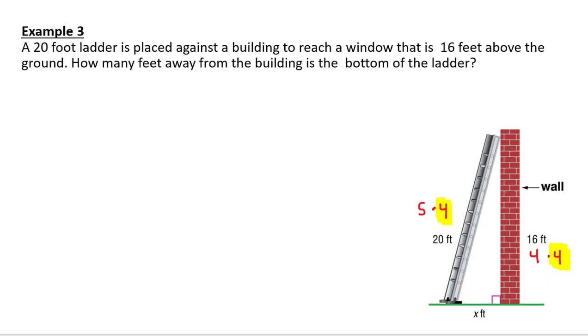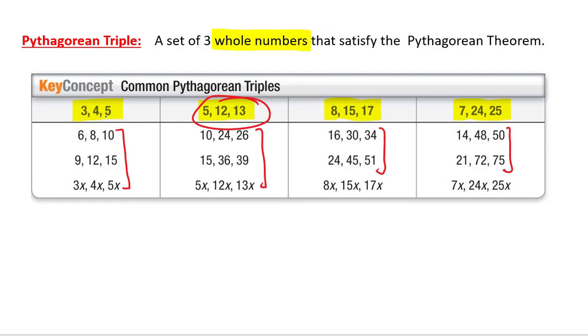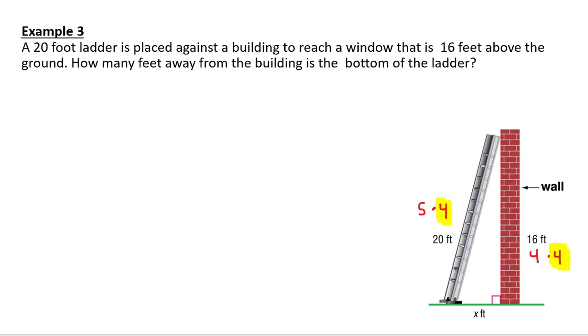And from my Pythagorean triples, I have a 3, 4, 5. So this is a multiple of a 3, 4, 5 right triangle. What's my multiple? My multiple is that common number, that 4. So I have 3 times 4. That's going to get me 12 feet.